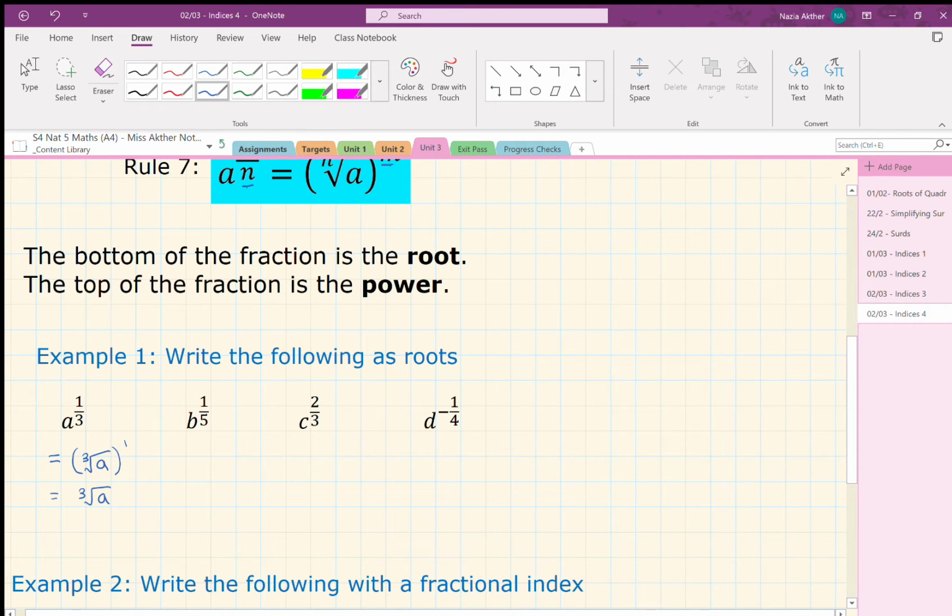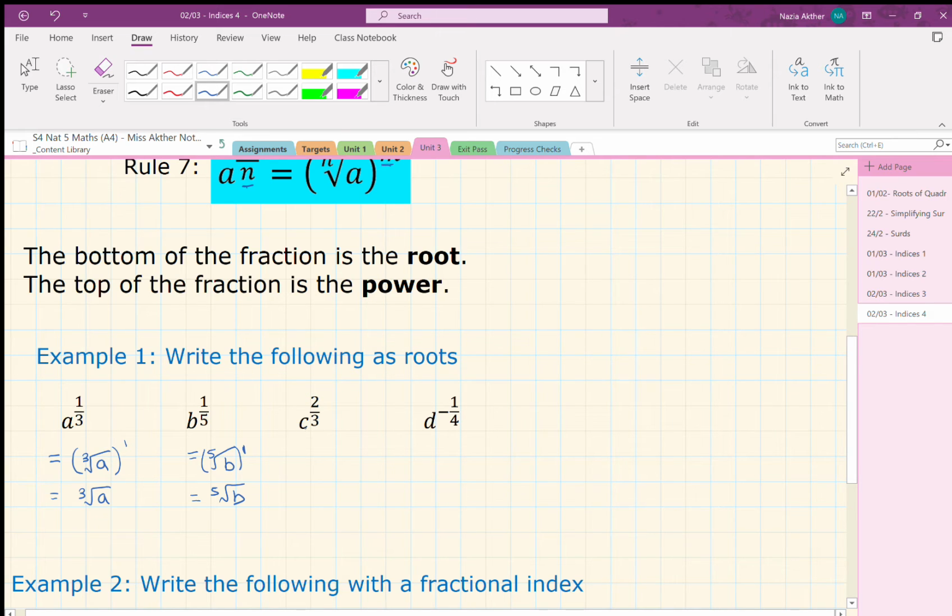Okay, so let's have a look at the second one. We've got b to the power of a fifth. I can write this as the fifth root of b to the power of 1. And again, anything to the power of 1 is itself, so then that is just the same as the fifth root of b.